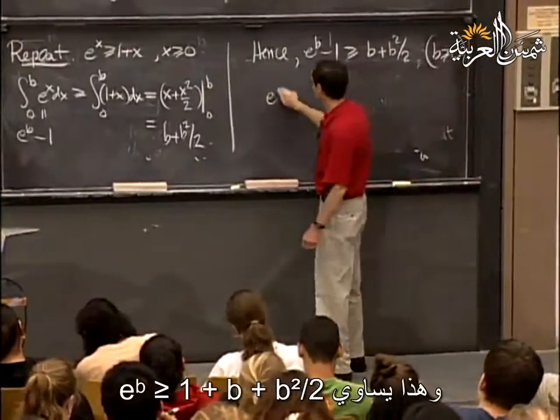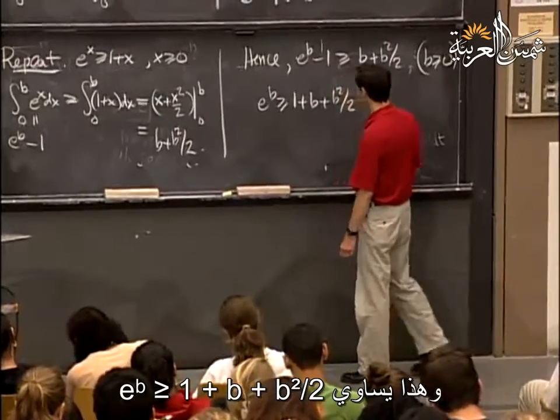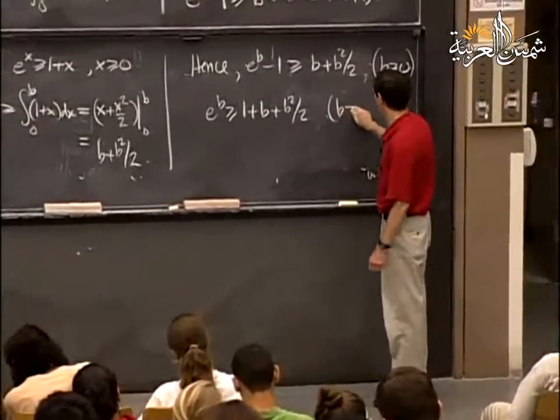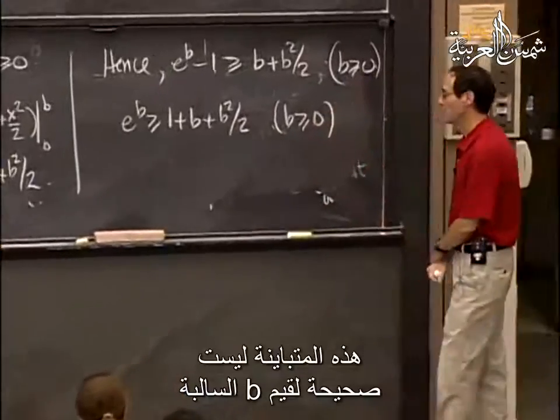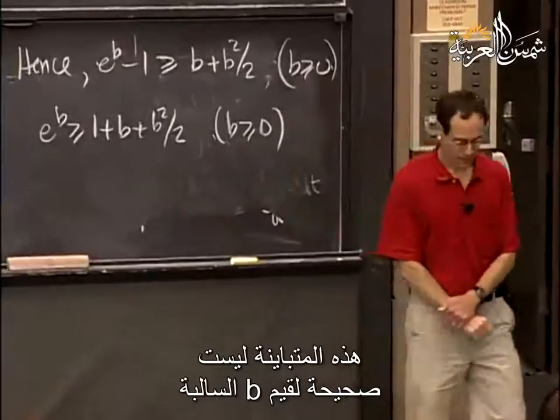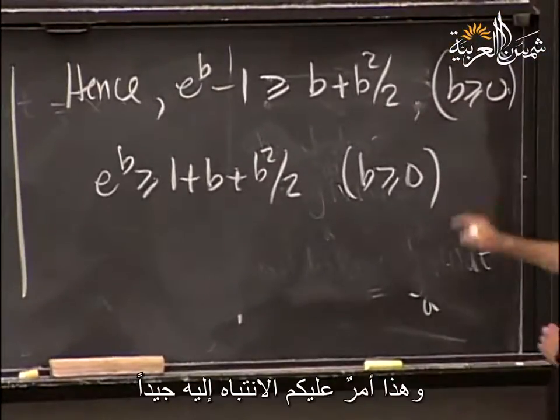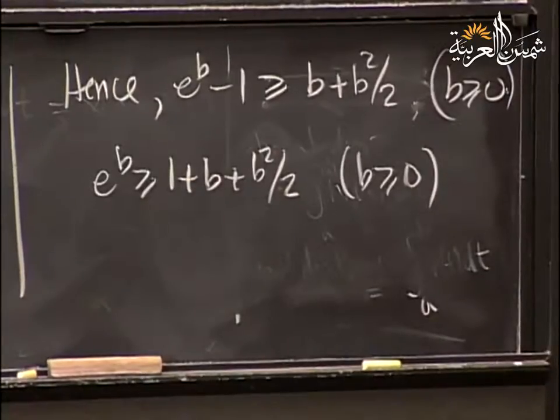And that's the same thing as e to the b greater than or equal to 1 plus b plus b squared over 2. This one actually is false for b negative, so that's something that you have to be careful with, the b positives here.